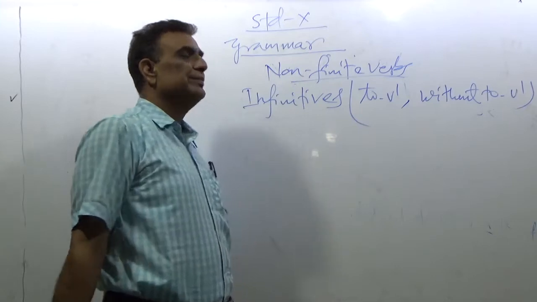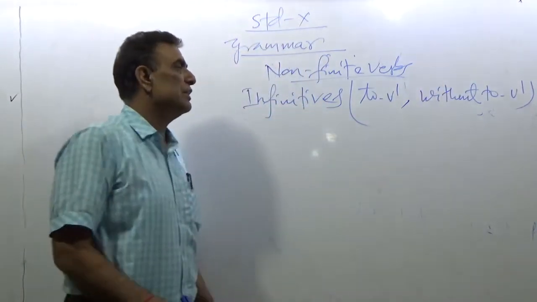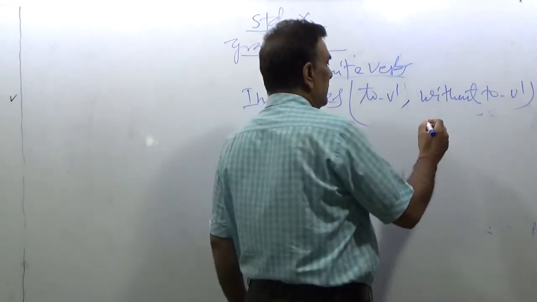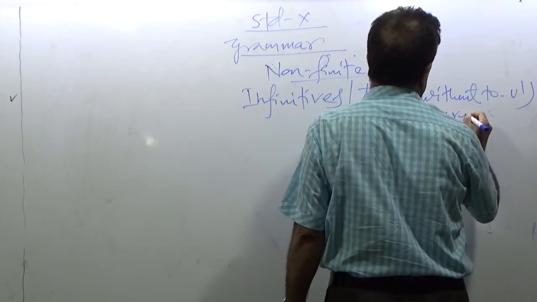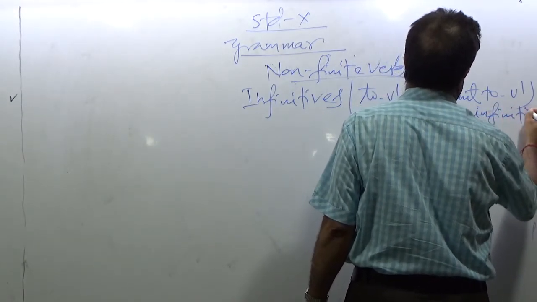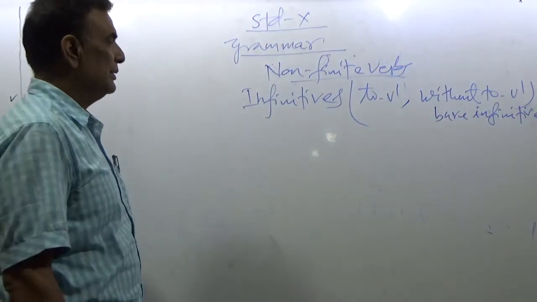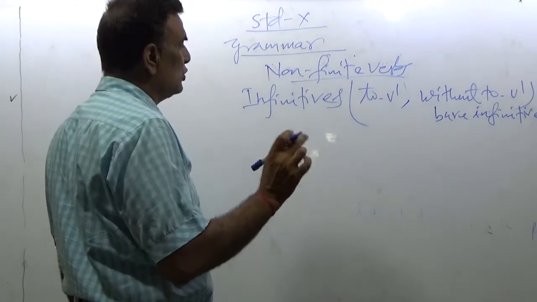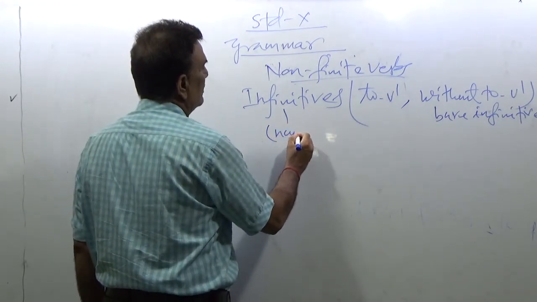To given or without to given. This is the form. This is called the to infinitive. This is called the bare infinitive. See, and infinitives are used as noun.